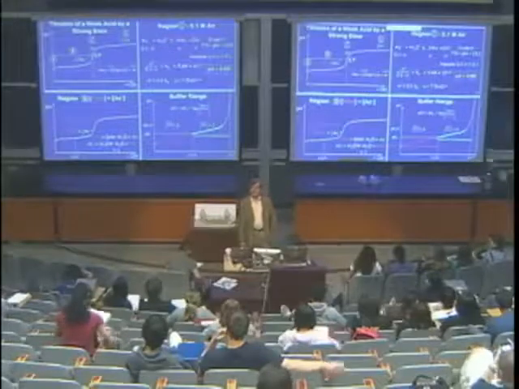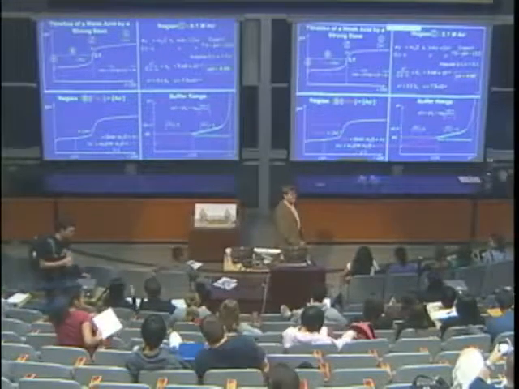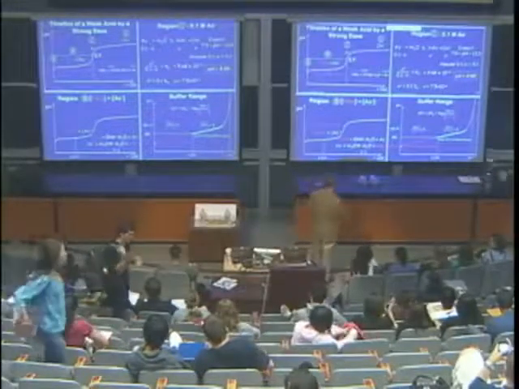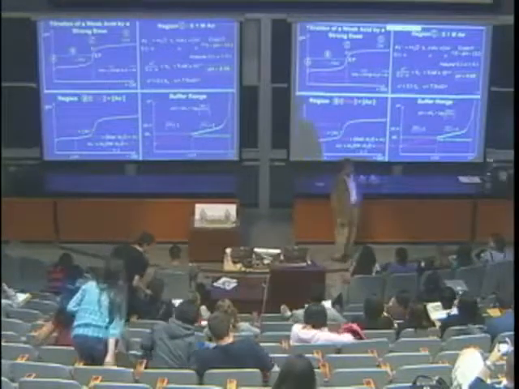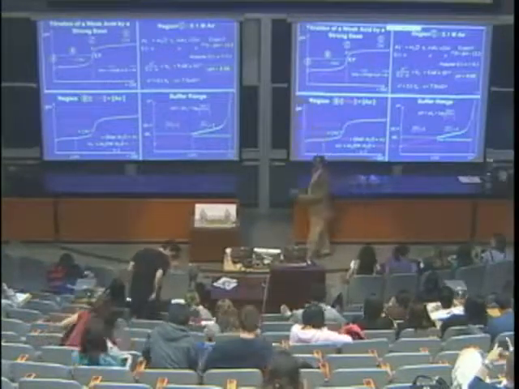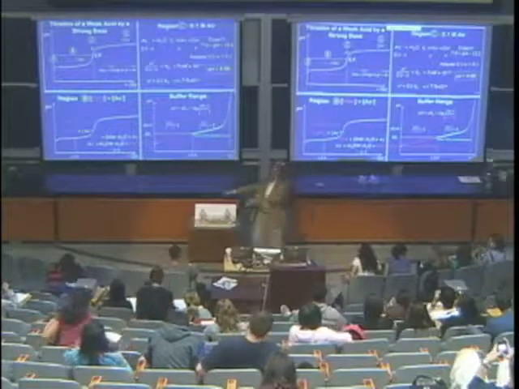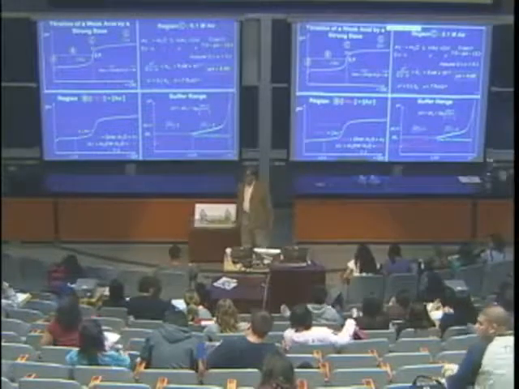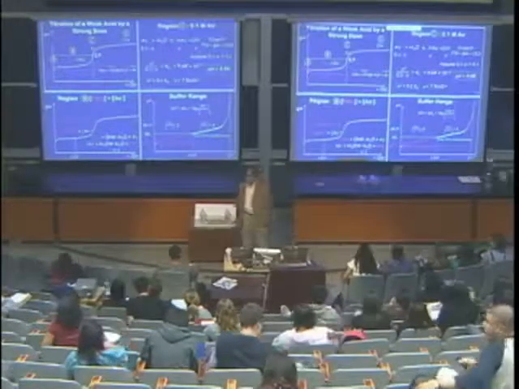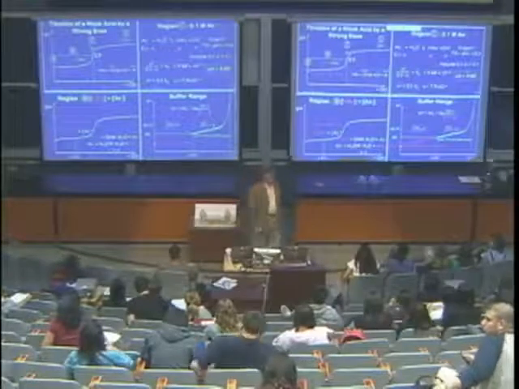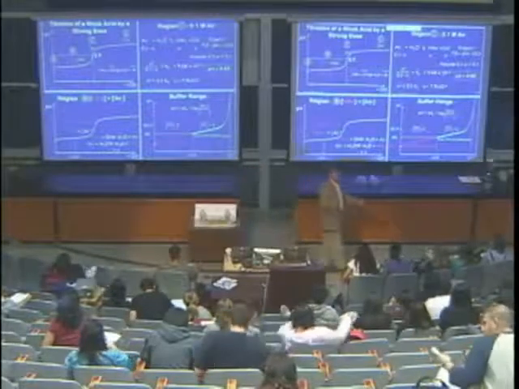All righty. Hi. So we talked for quite a while about acids and bases, and we talked about a strong acid, and we know that a strong acid dissociates completely into H3O plus and the respective anion. A weak acid doesn't do that.